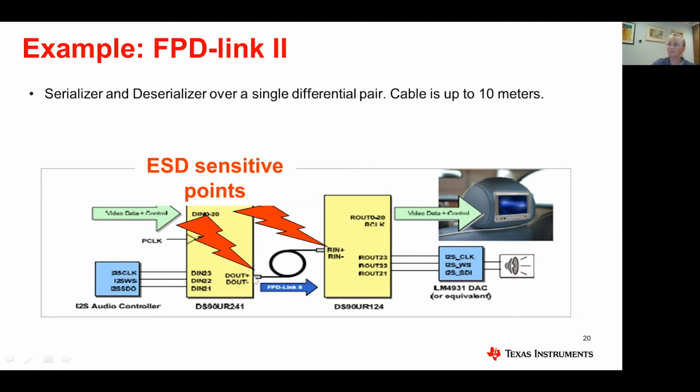So this is an example where inside of an automobile, there's a serializer and a deserializer, going from a controller out to a speaker or to a video display. They're both connected together with a long cable, and the cable has connectors that connect to the ICs. Of course, it's a high-speed link, so we don't want a lot of parasitics. But in the vehicle, we've identified that the points that are sensitive to discharge are here at the connectors.